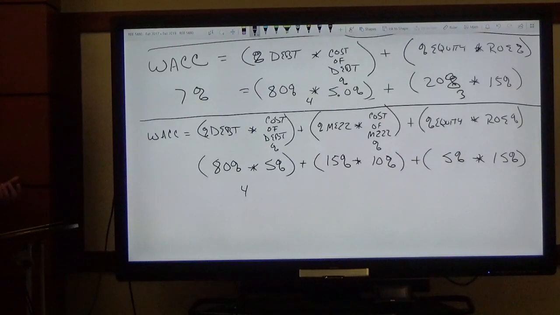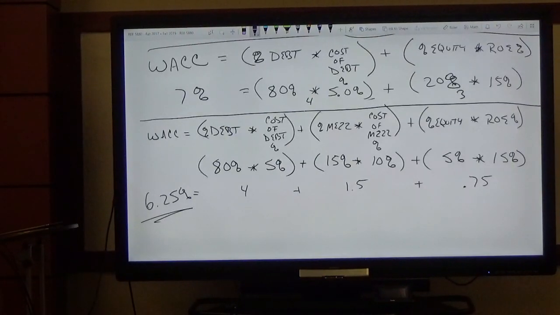All right, so we do the math. So here we get 1.5. And here we get 0.75. So if we add those all together, we end up with the weighted average cost of capital of the 6.25. Okay, so all I've done is just rework the problem, made it a little bit cleaner than what we had up above. Okay, does that make sense to everybody?